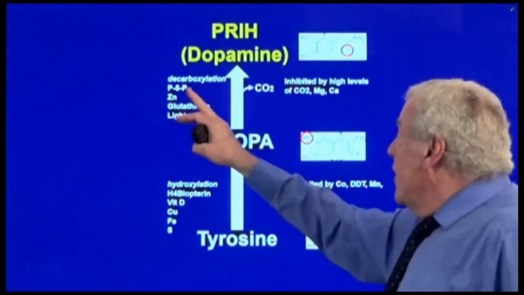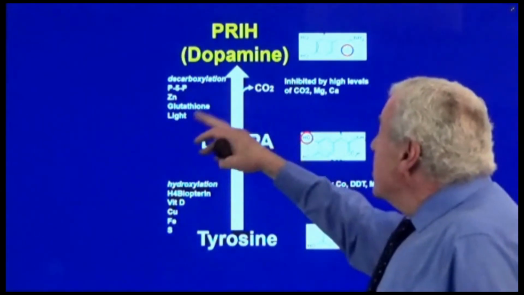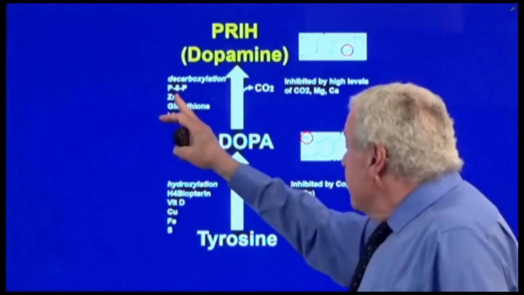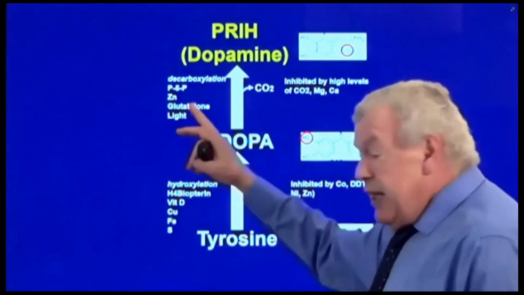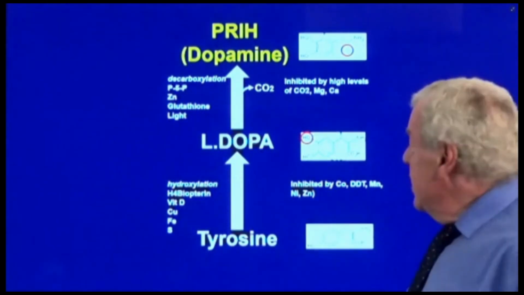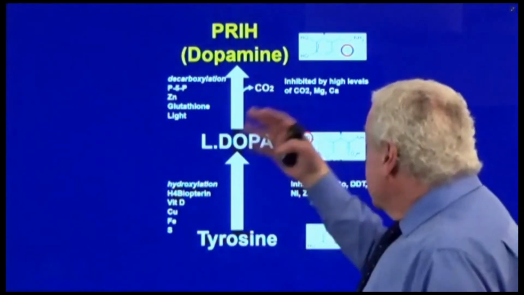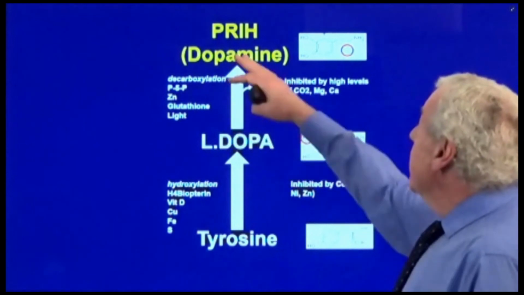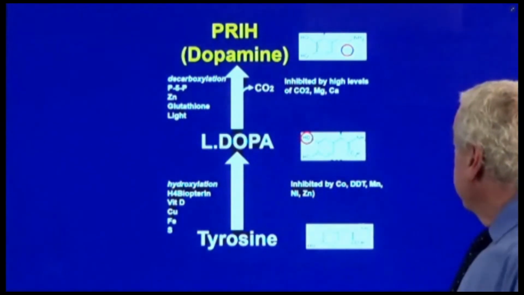And the main cofactor here, coenzyme, is pyridoxal 5-phosphate. And to stimulate cofactor by zinc, glutathione, most importantly here, light. And the question is, what sort of light, what sort of wavelengths, as we'll see, can actually stimulate the conversion of L-DOPA into dopamine, and we'll see that it's in the violet end of the spectrum.